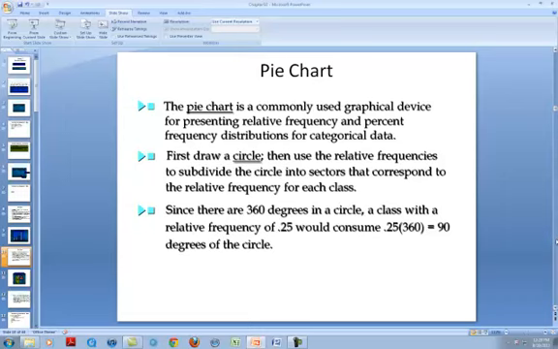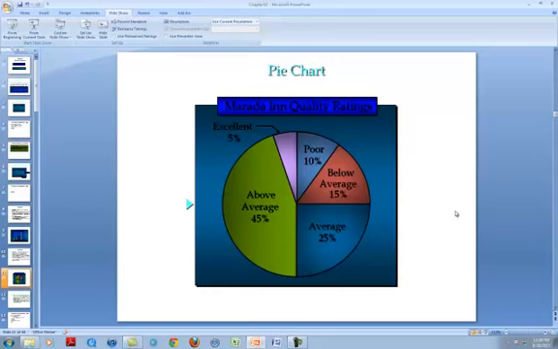Let's now look at the pie chart for the ratings of accommodations at Marada Inn. There. So for instance, if you will remember, 5% said that the accommodation was excellent. So let me pause and allow you to calculate for yourself how many degrees in the circle the category excellent should cover.